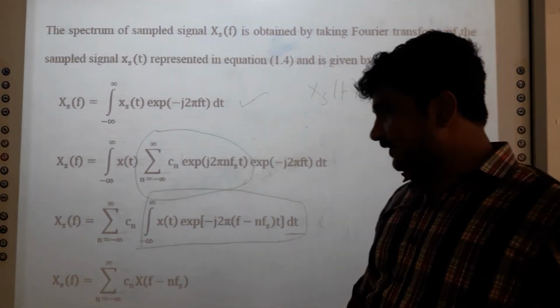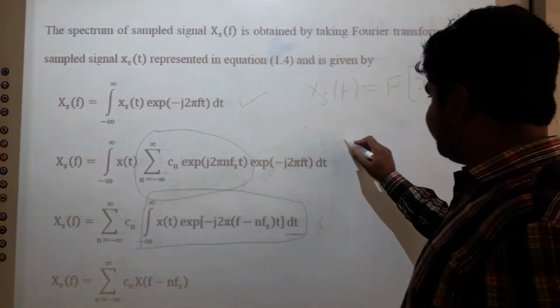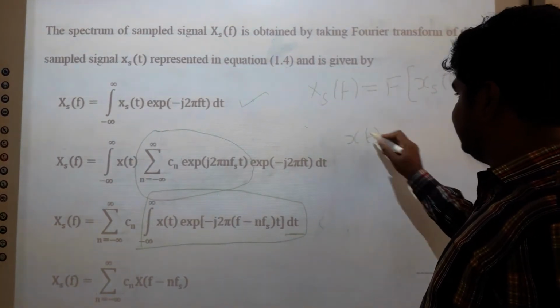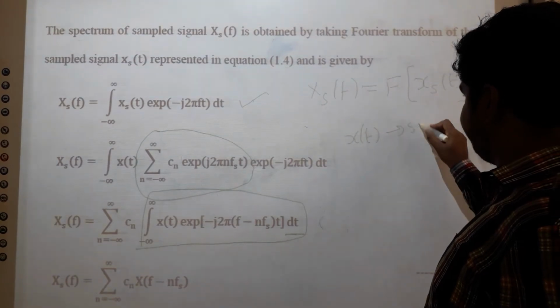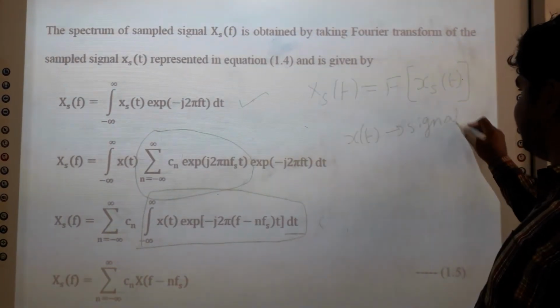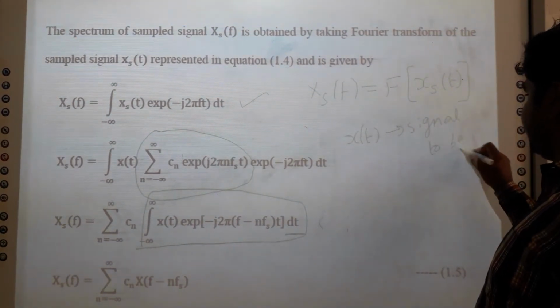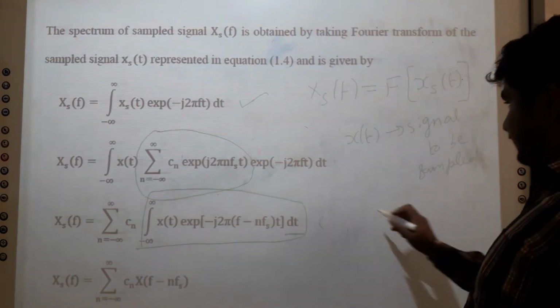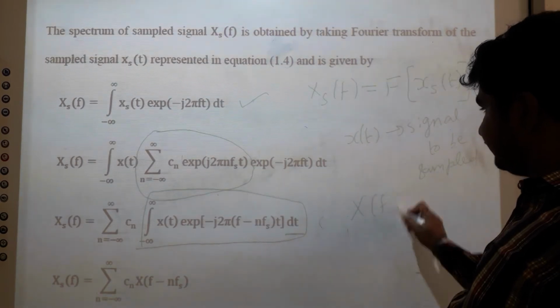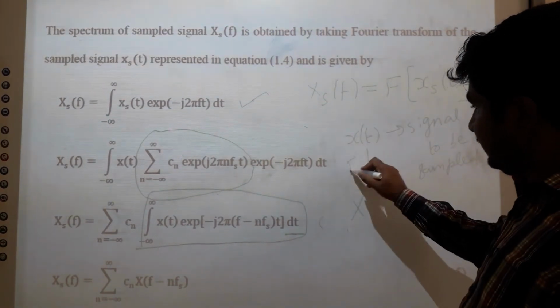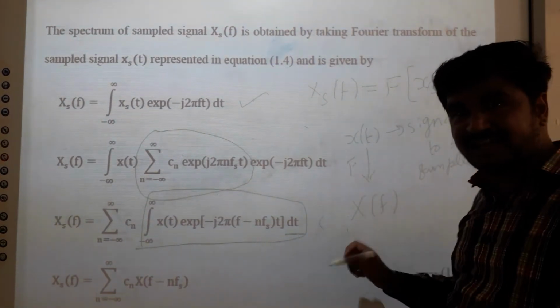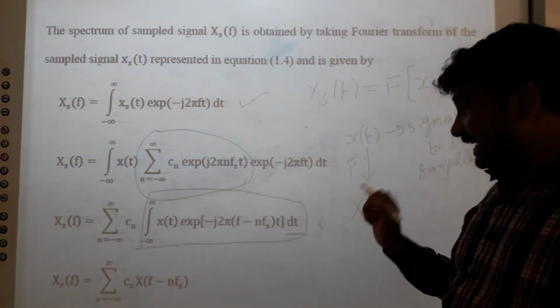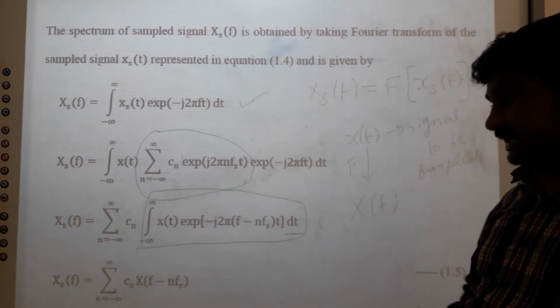From this, what we understood is, x of t is the signal to be sampled, and x of f, that is the Fourier transform of x of t, is the spectrum of the signal to be sampled.